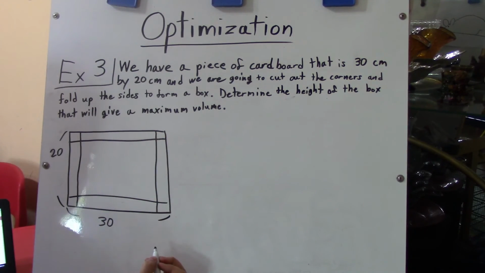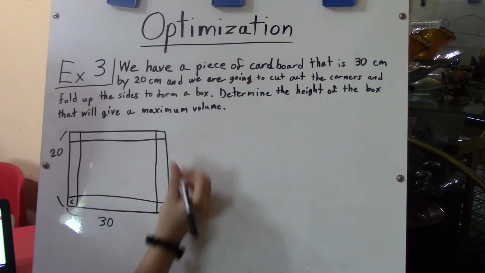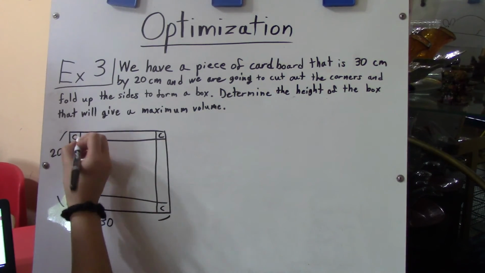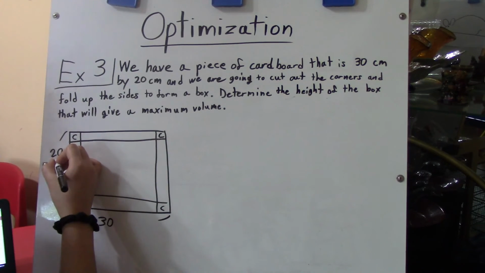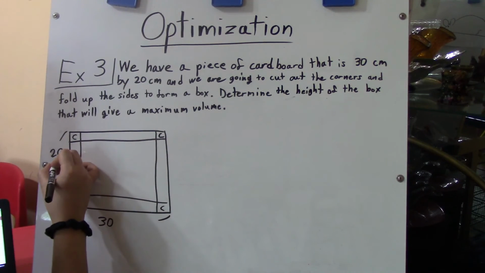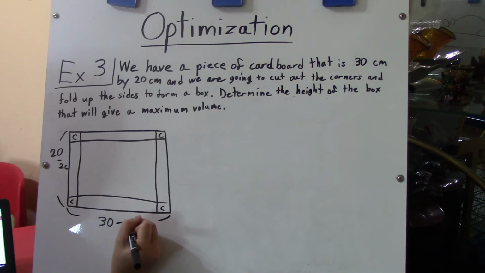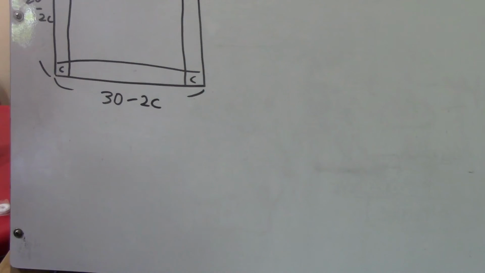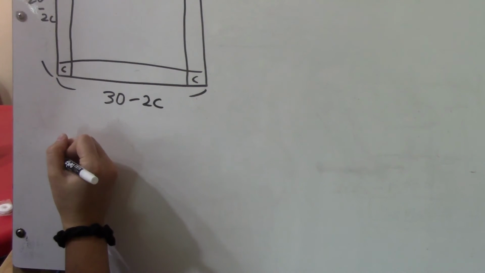And if we want to take out the corners, we have C as the corner. And for each of the sides, we want to take out the two corners. So we have 20 centimeters minus 2C and 30 centimeters minus 2C. Now we have the cardboard labeled, and now we will shape it into the form of a box.